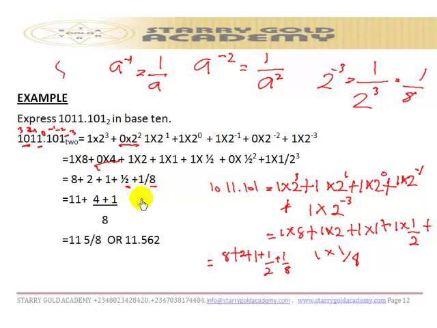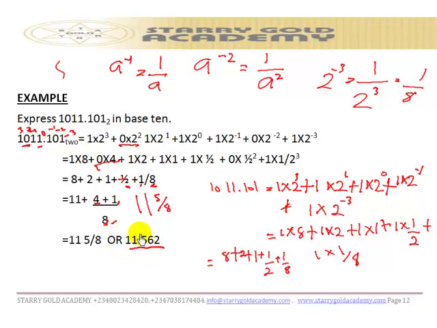LCM of 2 and 8 is 8. 2 in 8, 4. 4 times 1 is 4. 8 in 8, 1. 1 times 1 is 1. If you add this together, you're going to have 11 whole number, then 4 plus 1, 5 over 8. In decimal, your answer will be 11.625.